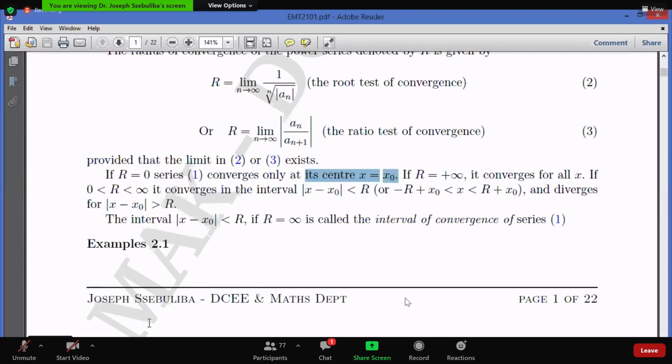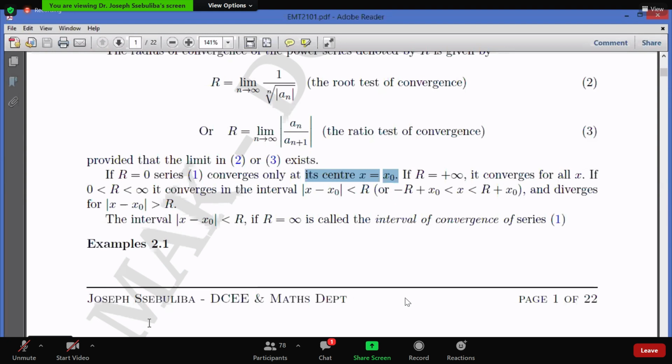You need to distinguish the 3. So you have convergence, which would be existence of the limit. You have divergence, where the limit may not exist, and then R can be 0. If R is 0, we are saying convergence takes place at the center.